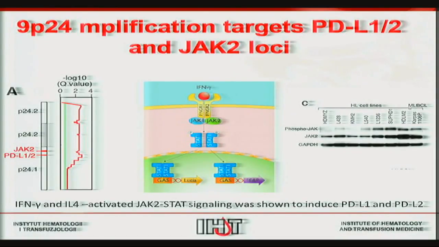The amplification of this locus was also associated with activation of JAK2, at least in those cell lines which had the highest copy number gains, as you can see here on the right in these four lines.